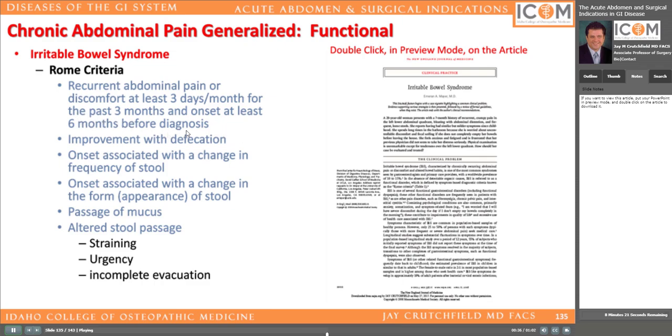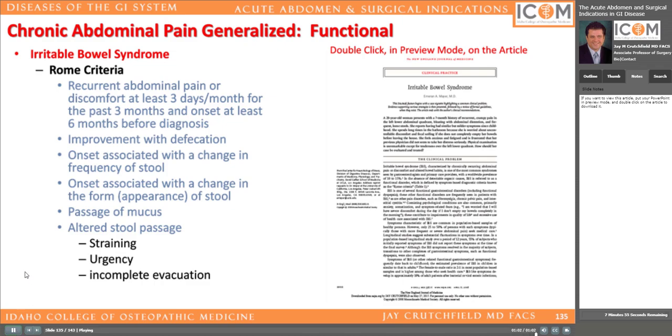There's improvement of the pain with defecation, and the onset is associated with a change in frequency of stools. The onset is associated with a change also in the form of the appearance of the stool, and often there's associated passage of mucus. Altered stool passage with straining, urgency, and incomplete evacuation often leave the patient feeling very uncomfortable and seeking medical advice.